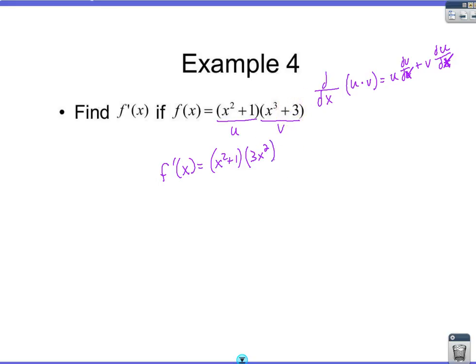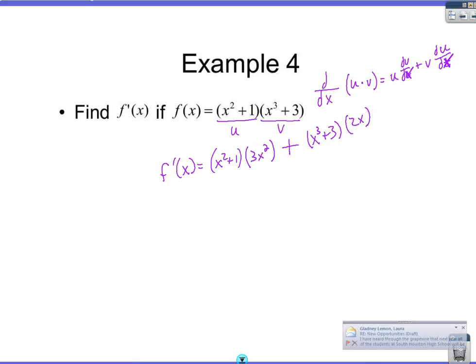Boom. Plus, leave the second one alone, so this time I've got x cubed plus 3, and multiply it by the derivative of u. Well, the derivative of u is, x squared becomes 2x to the power of 1, plus 1, well, that's just 0. Boom.